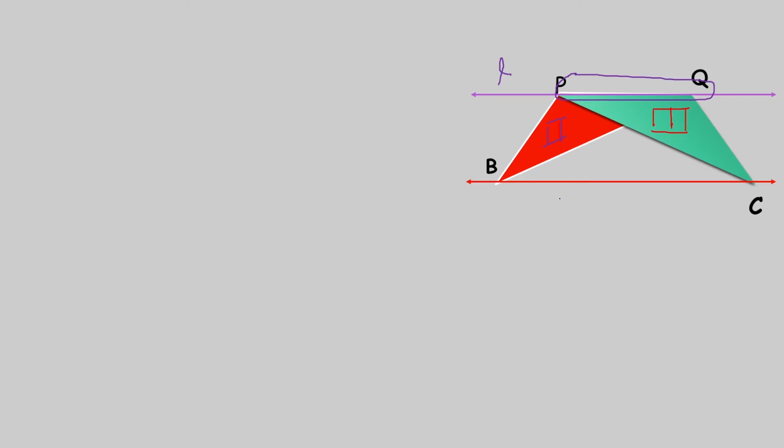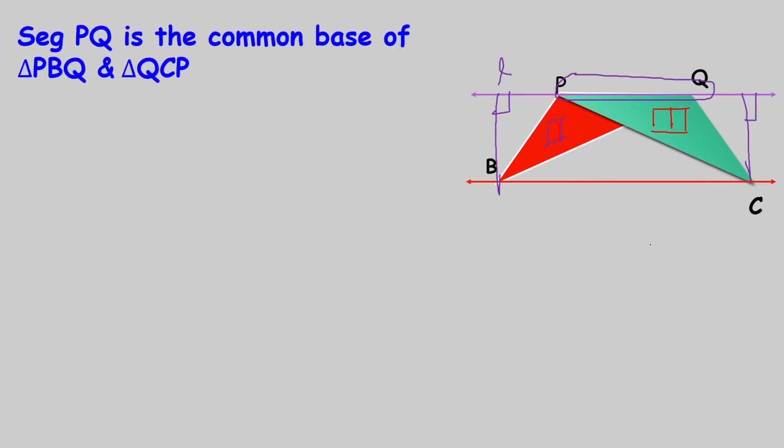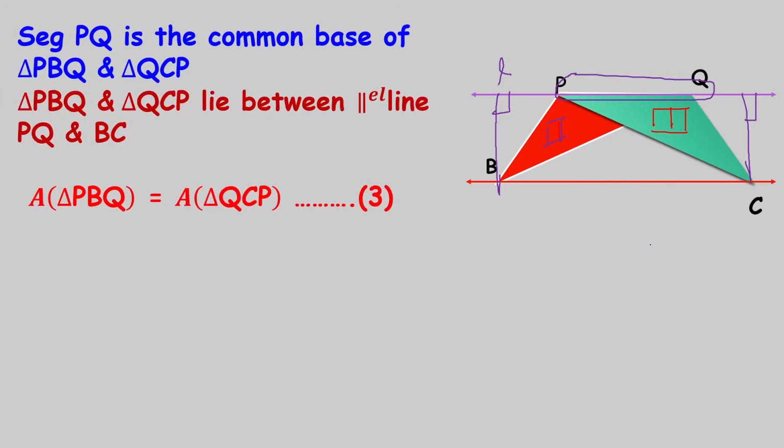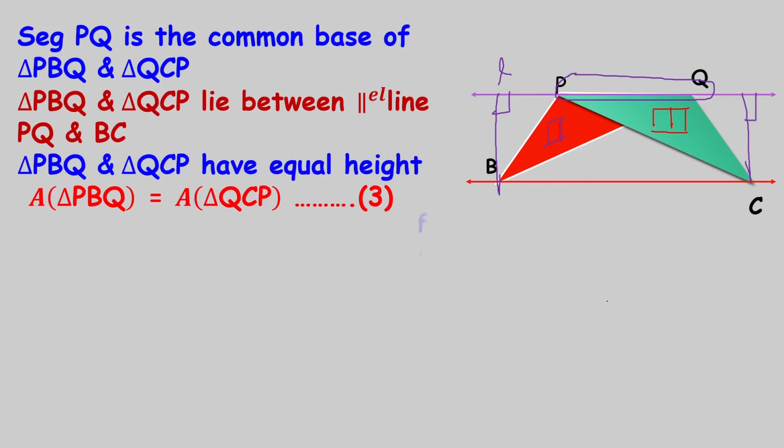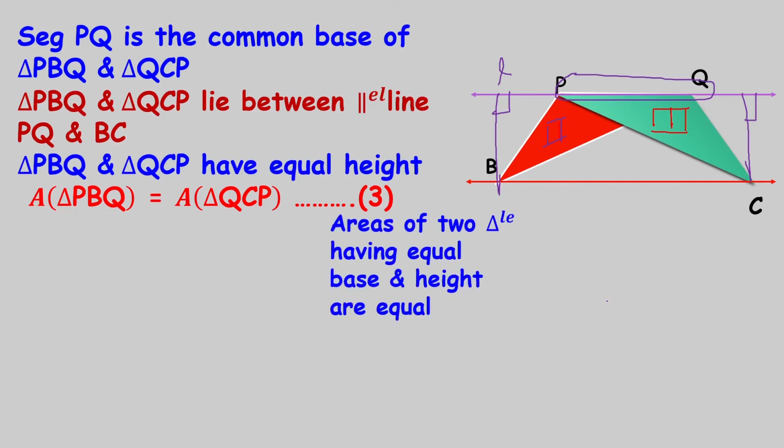Therefore they have equal base, and these two triangles lie between the parallel lines, so they have equal height also. Therefore, they have equal area. Therefore, area of the second triangle is equal to area of the third triangle. That means the areas of two triangles having equal base and equal height are equal.